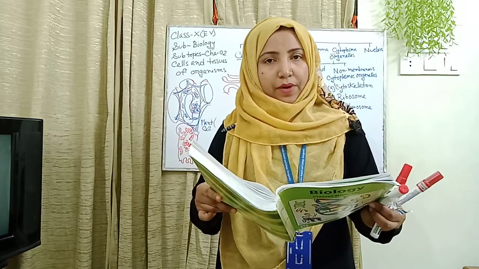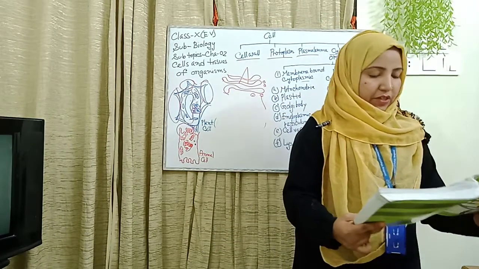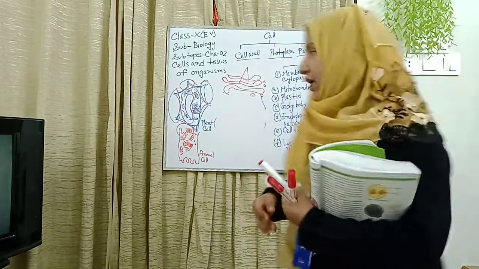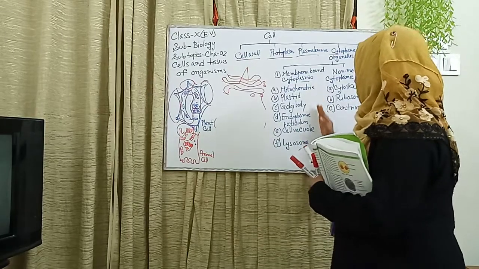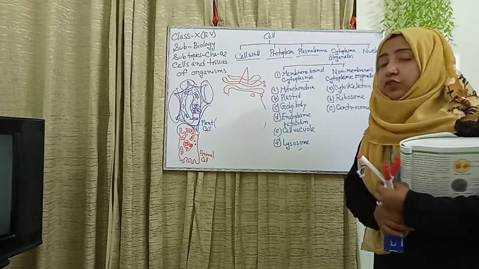They also provide enzymes needed for the cell. Enzymes help to accelerate the speed of biochemical reactions. Dear students, I also explain the membrane-bound cytoplasmic organelles and the non-membrane-bound cytoplasmic organelles.